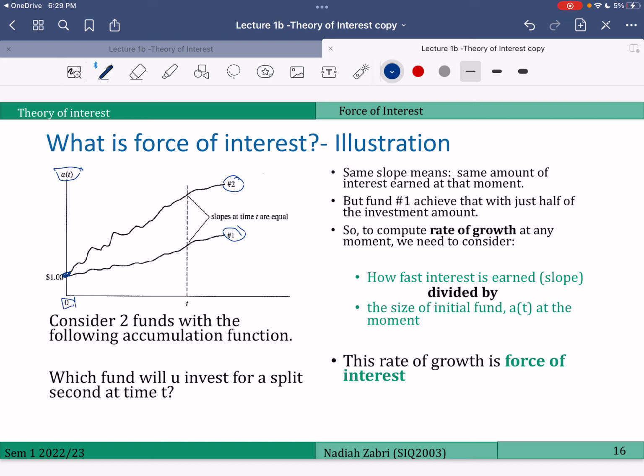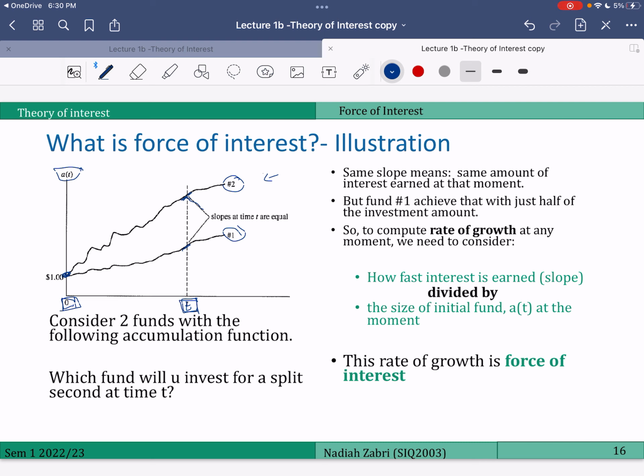If you are talking about investing starting from time 0, then obviously we will choose fund 2. But I want to ask you, which fund will you invest in specifically at time t, at this moment t? And the other clue would be the slope of these 2 funds is the same at this specific moment. So which one will you invest in?